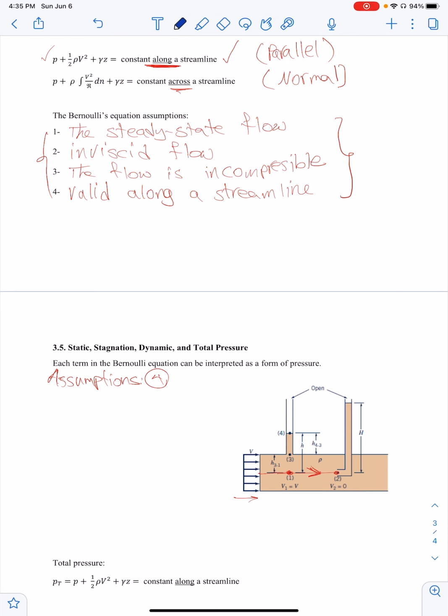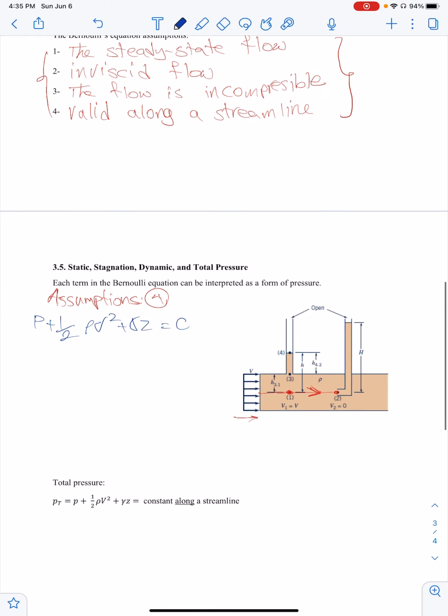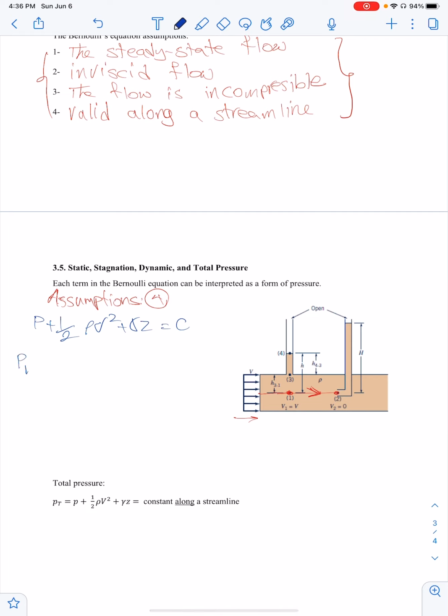So this is the formula that we have: P plus half rho V squared plus gamma Z equal to a constant, right? If we apply it for point 1, we're going to have P1 plus a half rho V1 squared plus gamma Z1, and this is going to be equal to P2 plus half rho V2 squared plus gamma Z2.